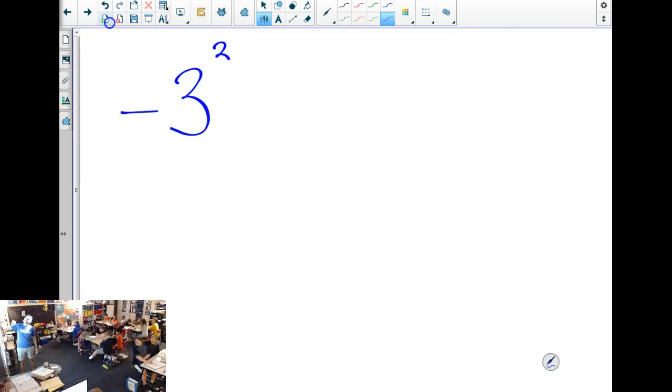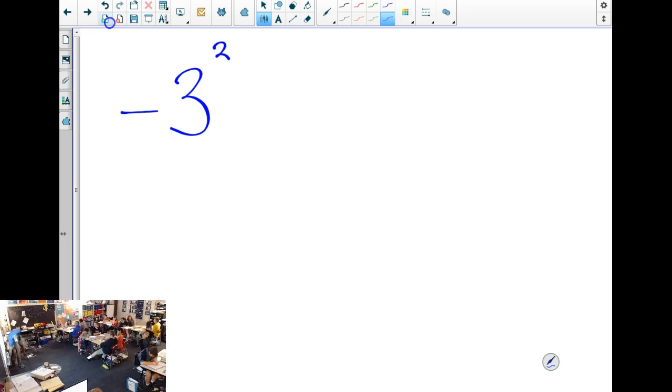Negative 3 squared. Now, okay, hold on. This gets really dangerous. Who's got a calculator? Anybody at your desk? Riley, type into your calculator the negative button, down at the bottom, then 3, then hit the squared button. It says x squared, but that just means whatever you've typed in, it's going to square it.